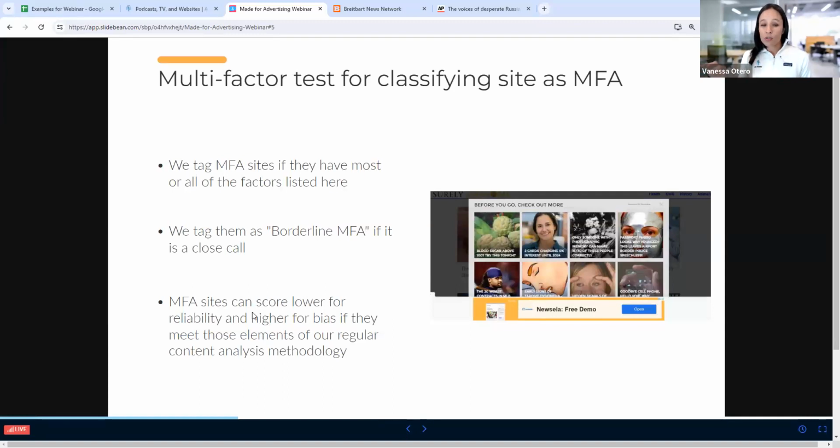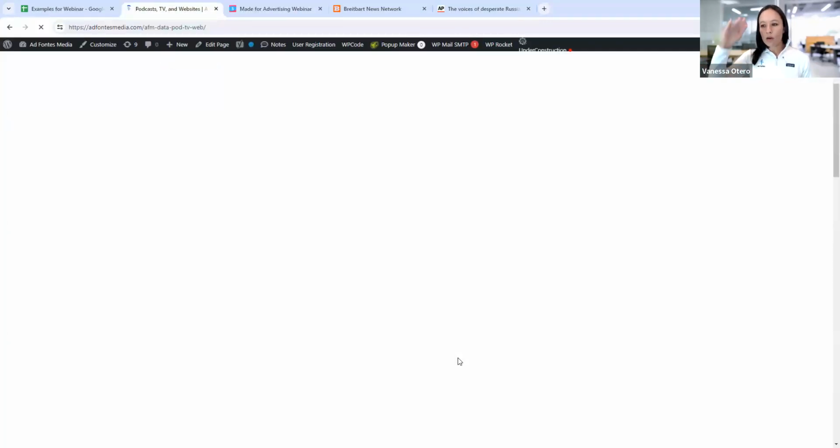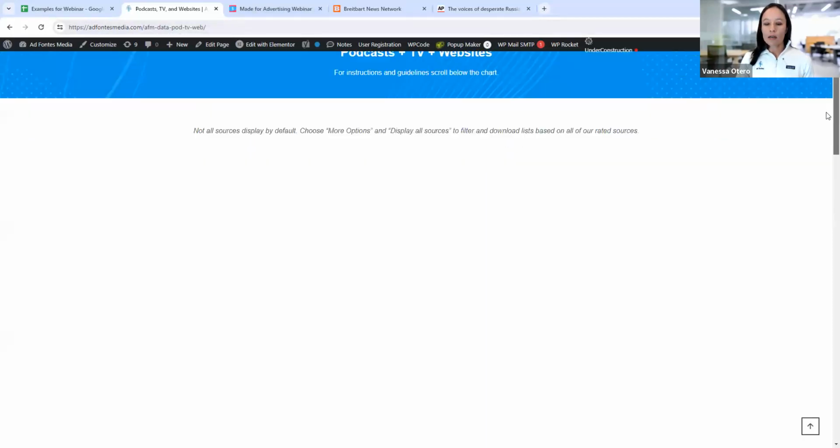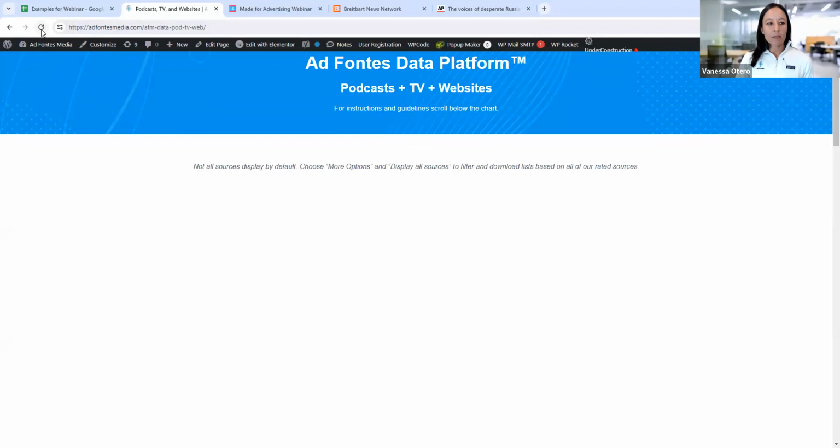MFA sites can also score lower for reliability and higher for bias in our system. Just real quick, our system for rating reliability and bias of websites, our interactive media bias chart, goes from top to bottom, from 0 to 64, and from left to right.